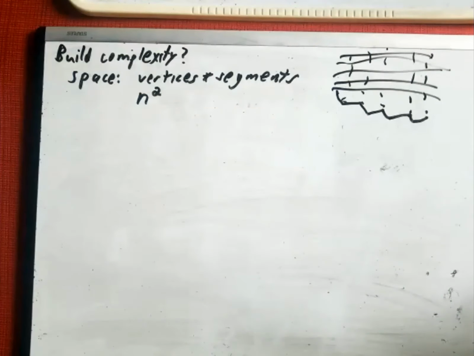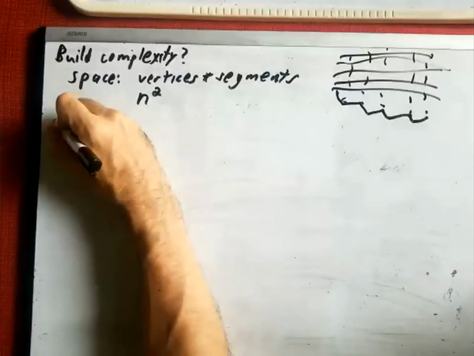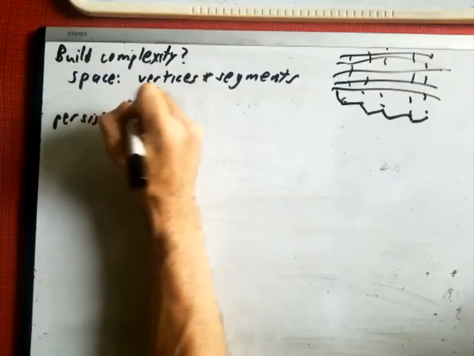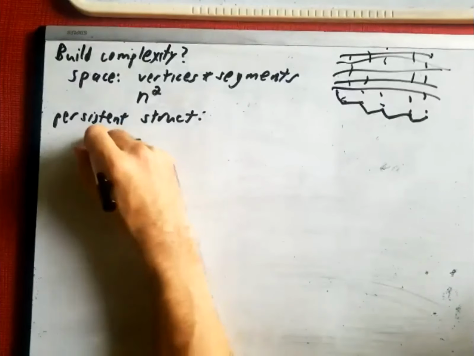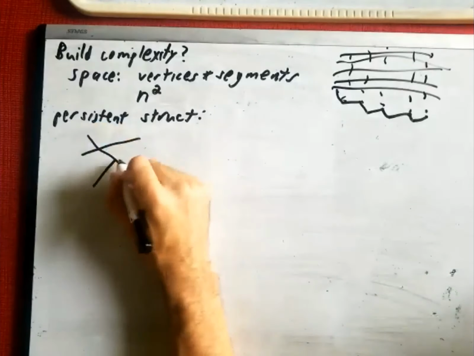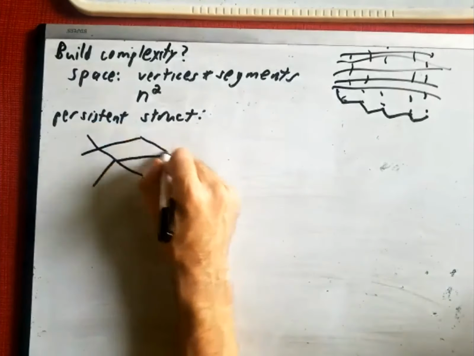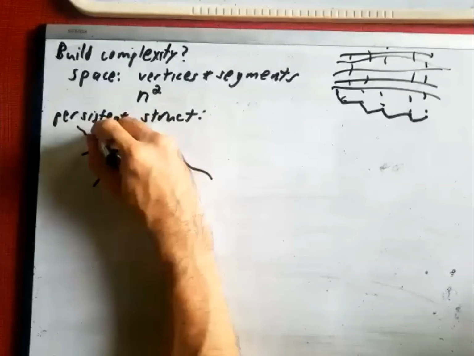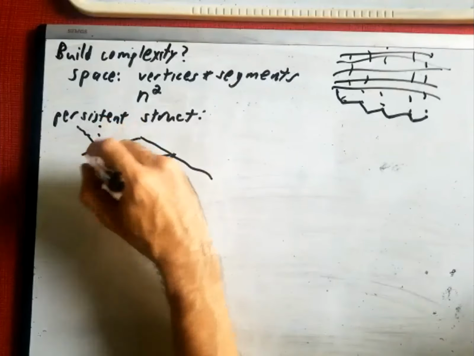So to avoid this problem, we bring persistent data structures to the rescue. What we're going to do is go back to our picture and our slabs, with all of the vertical line segments representing altitudes that define the slabs.